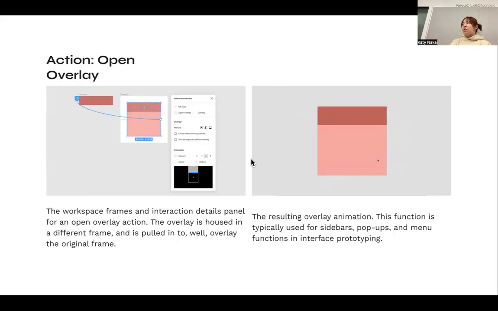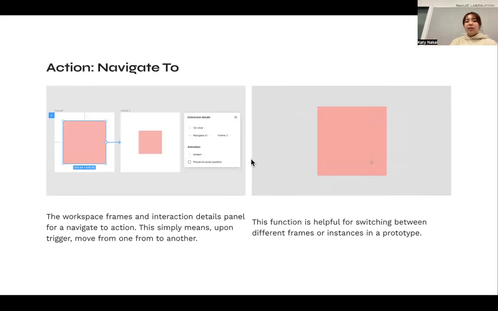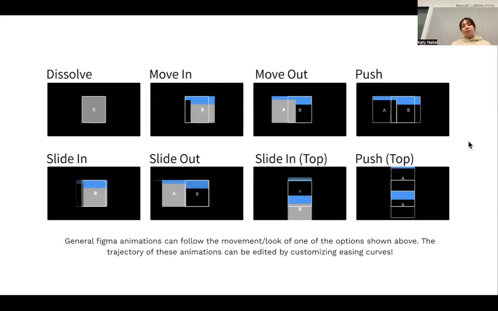And it's mainly used for sidebar opening things and menu pop-ups, stuff like that. And then navigate to, which is our default setting, simply means upon the trigger, you just move from this frame to that frame, and it's totally switching out the frames. So it's like when you have to completely change a page in an app, stuff like that.